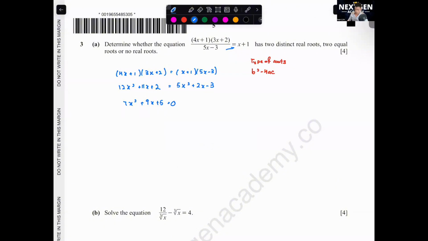This is our quadratic already. We now put into b squared minus 4ac, which is 9 squared minus 4 times 7 times 5. We will get minus 59. So minus 59 is less than 0. Since your b squared minus 4ac is less than 0, therefore, no real roots. You do the calculation already, then just write no real roots.